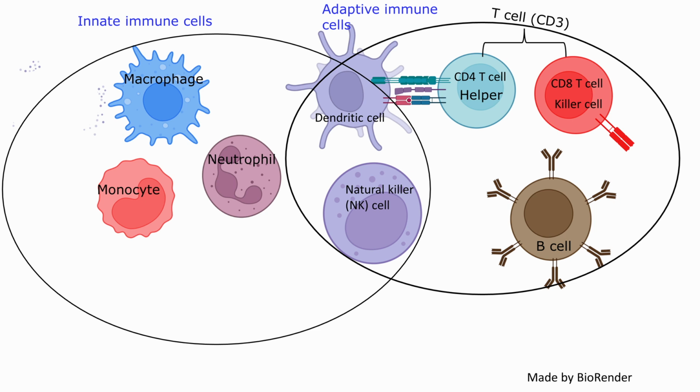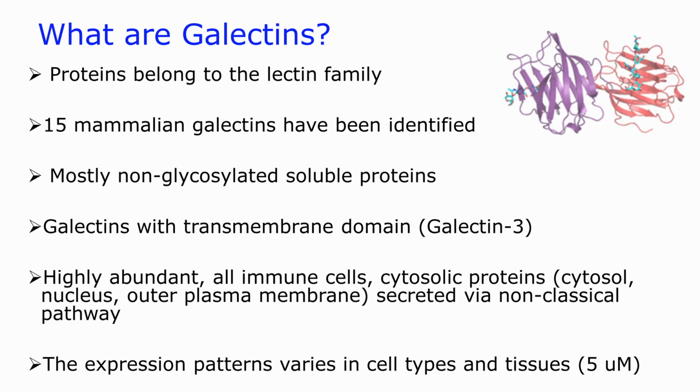The previous talk was helpful because it covered some of my introduction, so it just gives me more time. But the main thing I want to confirm from the previous talk is that galectins can bind to non-glycans, and especially there are some reports that inside the cytosol, they can interact with non-glycans.